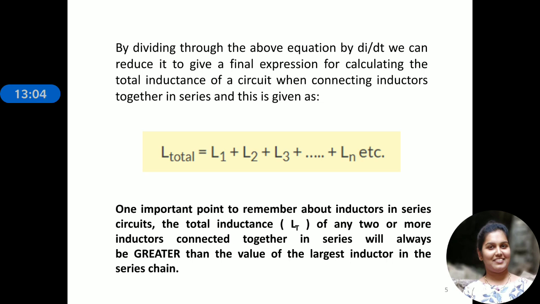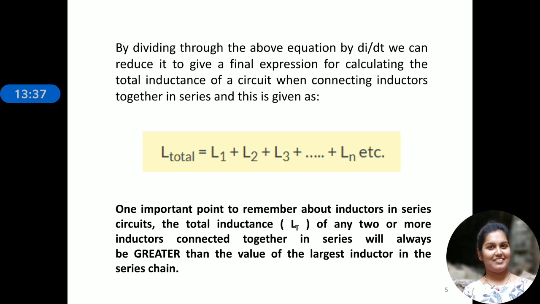However, this equation holds true only when there is no mutual inductance or magnetic coupling between two or more inductors. That is, Lt equals L1 plus L2 plus L3 is valid only when there is no magnetic coupling or mutual inductance among these three inductors.